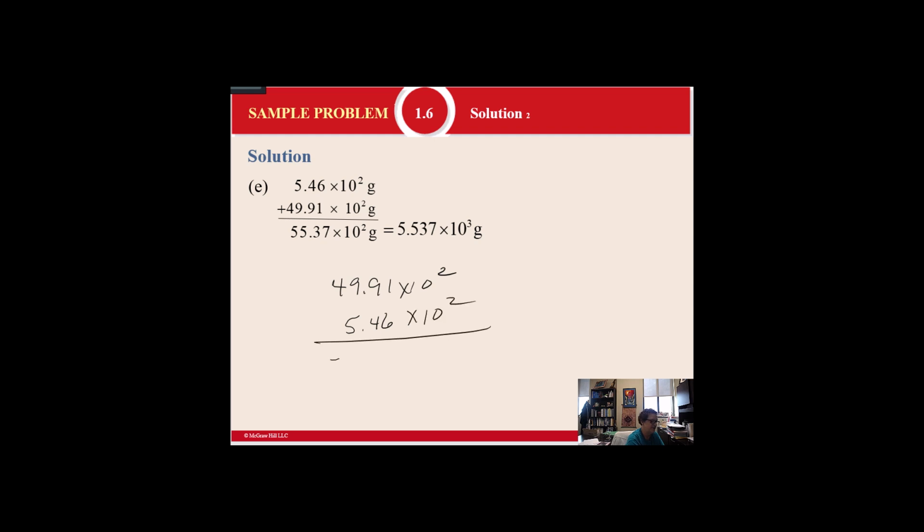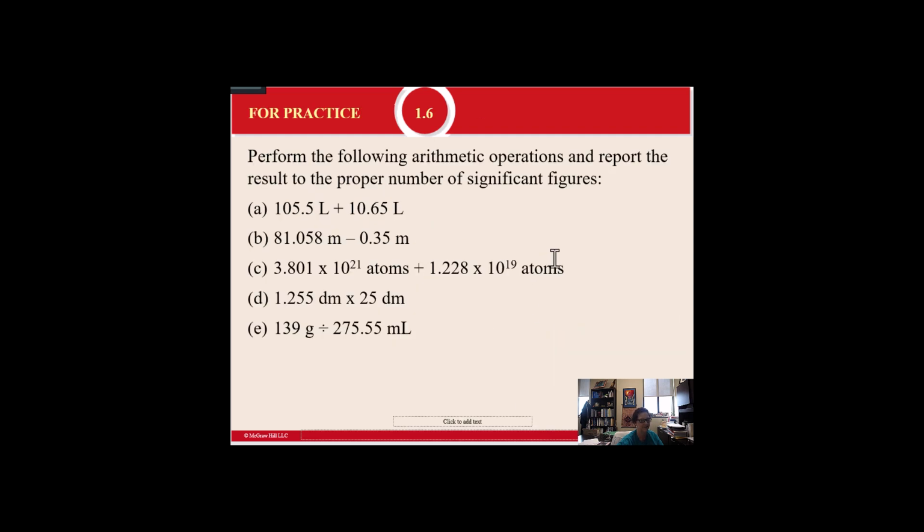When you add those together, it's 55.37 times 10 to the second, or 5.537 times 10 to the third. So that's why I'm saying it depends on how you calculate it. There's a little ambiguity in significant figures.